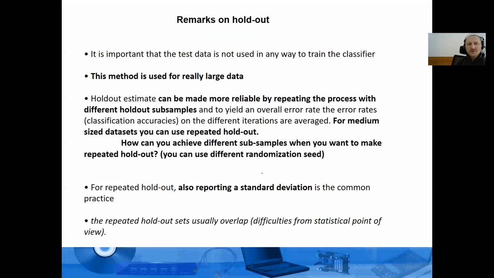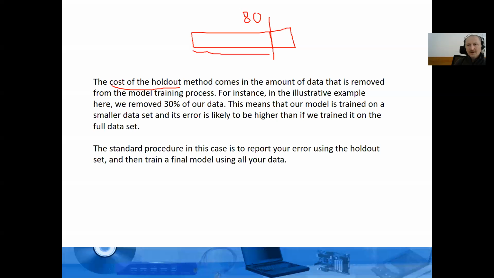So in that case, what can you do? You can do a repeating process with different holdout samples. For example, you can divide your data 90% and 10%, use them for training and testing.